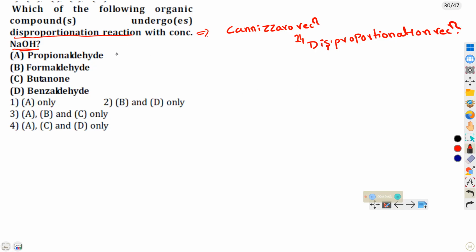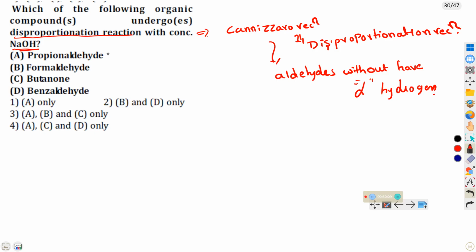We know the Cannizzaro reaction condition: aldehydes without alpha hydrogen. Propionaldehyde formula CH3CH2CHO.